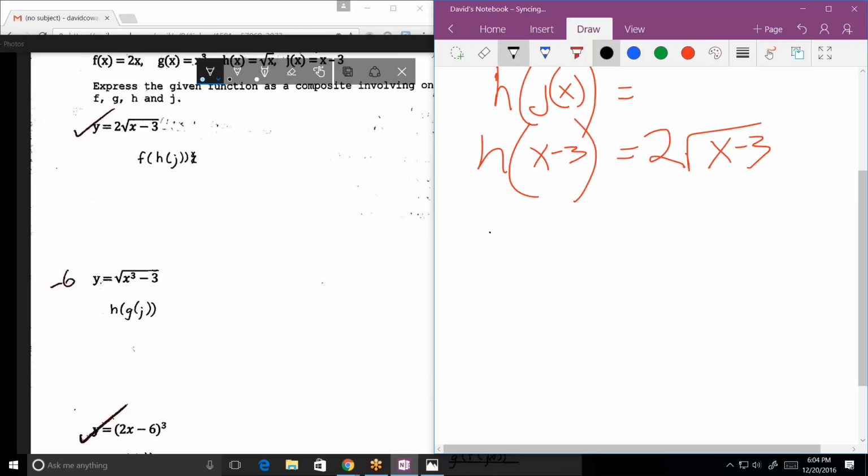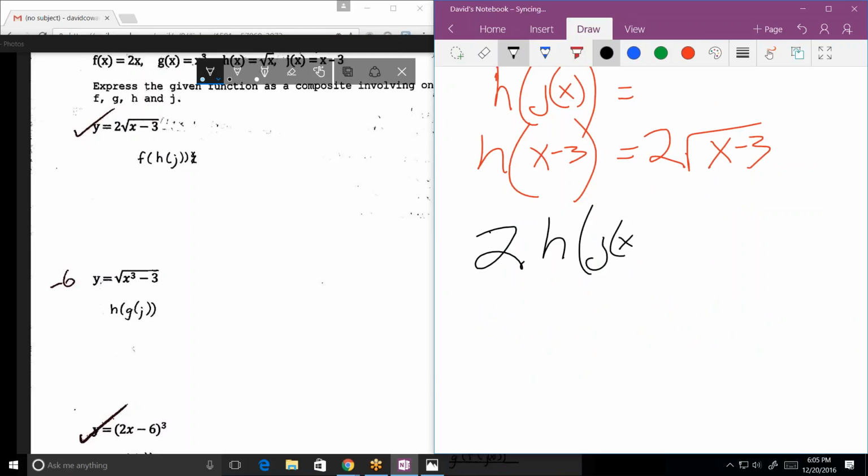We need 2 times h of j of x. Isn't that what we did? We figured out h of j of x, which was the square root of x minus 3, and we want to multiply it by 2. Now the question is, can we use f of x in this?